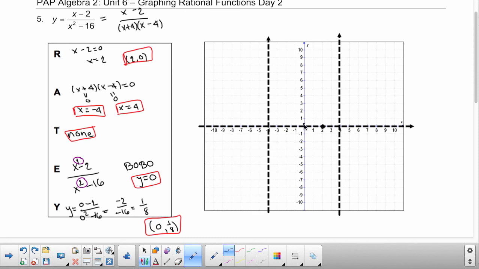Now our point is on the top half, so we're going to have to cross this. Since we cannot cross the x-axis at any other point where we do not have an x-intercept, we know that it has to be going this way to begin with, and then we'll go through our x-intercept and hug that other vertical asymptote.